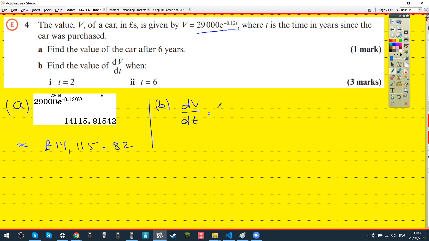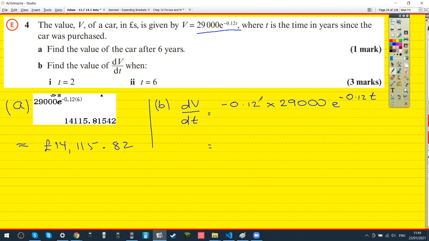So I got minus 3,480 e to the power of minus 0.12t. Okay. And when t is 2, you substitute t in for 2. Minus 2,737.46.